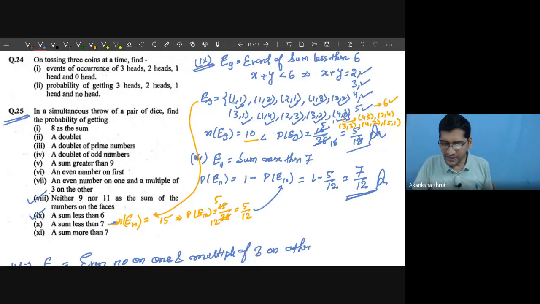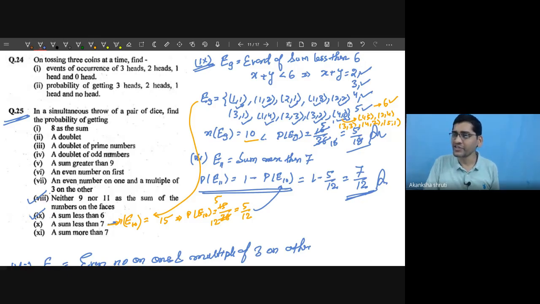Even apply the concept of complementary. Here this is equivalent to the complementary, though denoted in different sets. One as 11 and other as 10, but it is the complementary event. So one is less than 7, another is more than 7. So these two you may write here, complementary event or complementary probability.